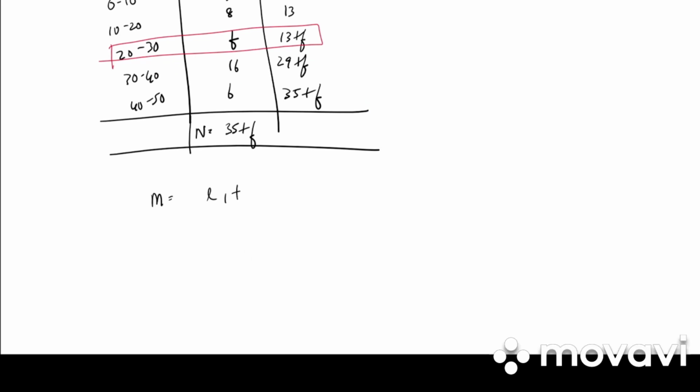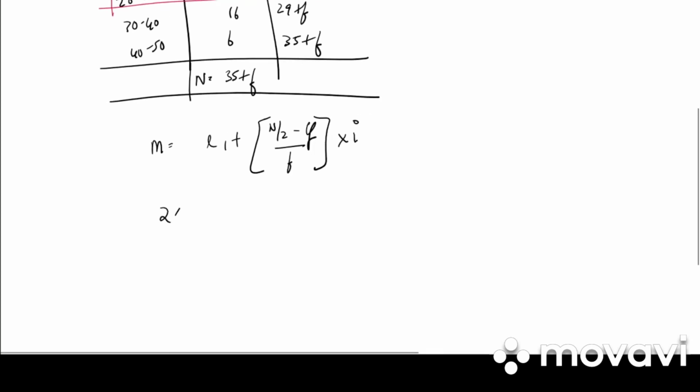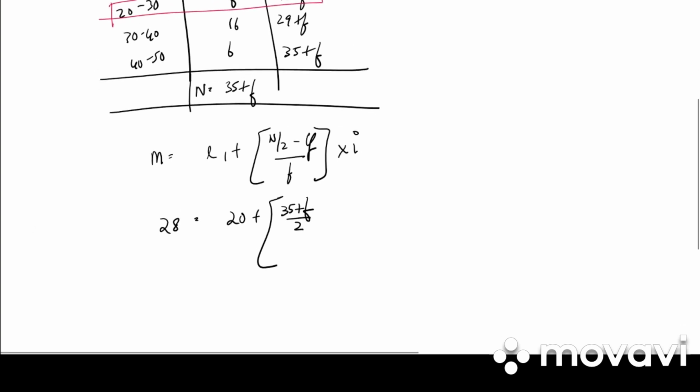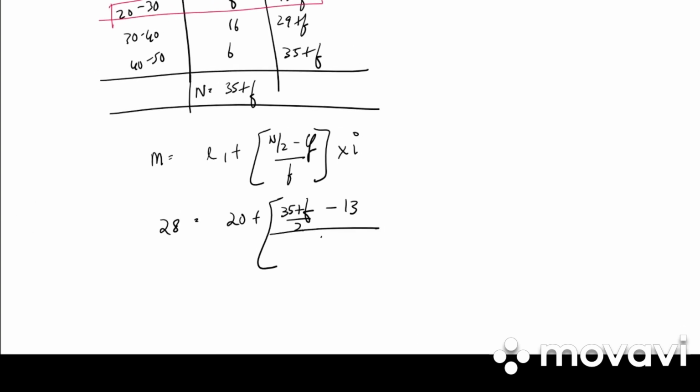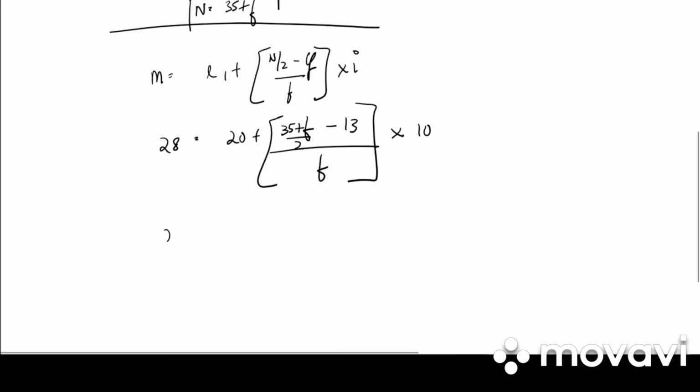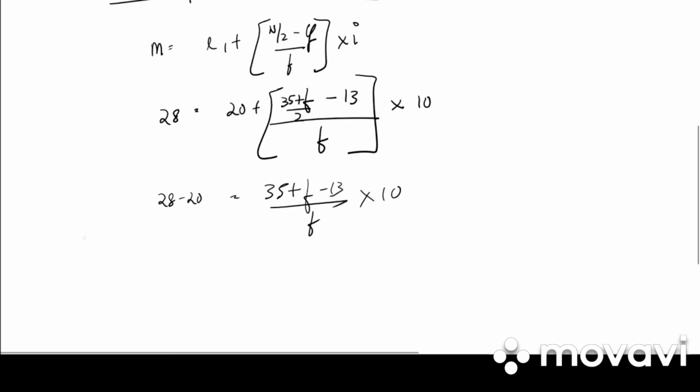M is equal to L1 plus N by 2 minus CF divided by F into I. Median is 28, lower limit is 20 plus N is 35 plus F divided by 2. Cumulative frequency is minus 13. Frequency we don't know, it will be F. What is the width? 10. So 28 minus 20 is equal to 35 plus F minus 13 divided by F into 10.